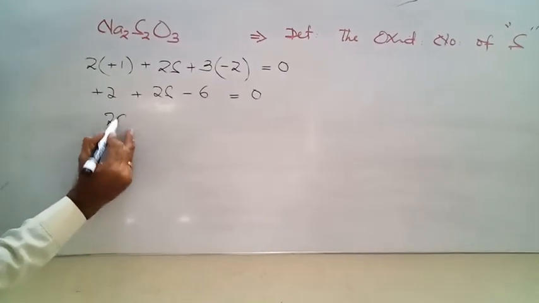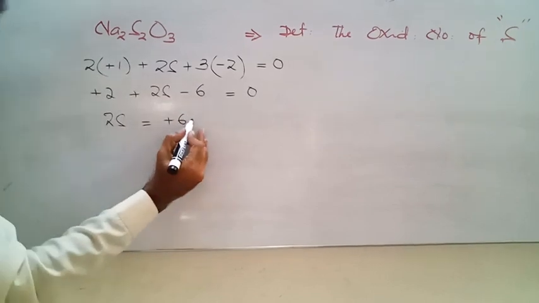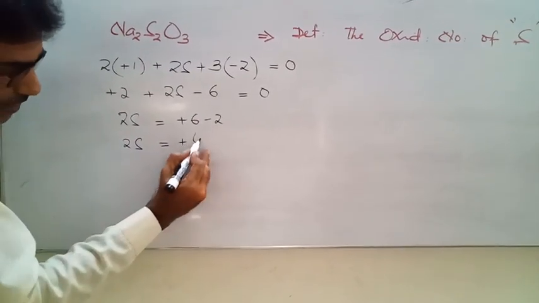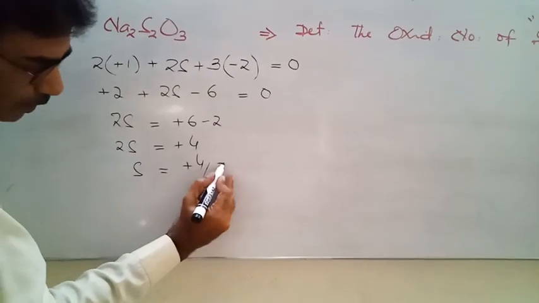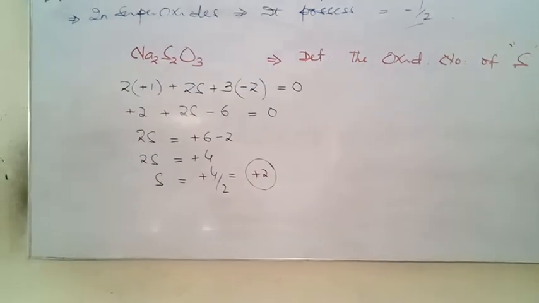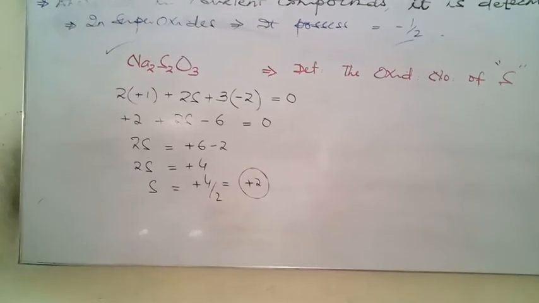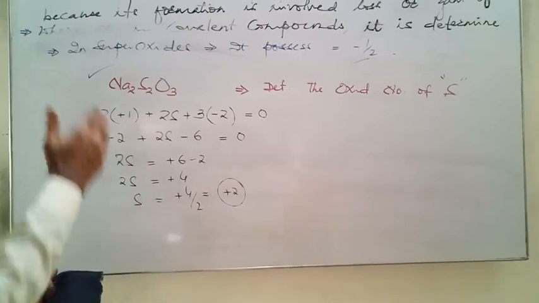We have 2 sulfur and these numbers are shifted, +6 and -2. Then 2 sulfur is +4, so sulfur is +4 divided by 2. So the oxidation number of sulfur in sodium thiosulfate is +2. That's the way to determine the oxidation number of your element.